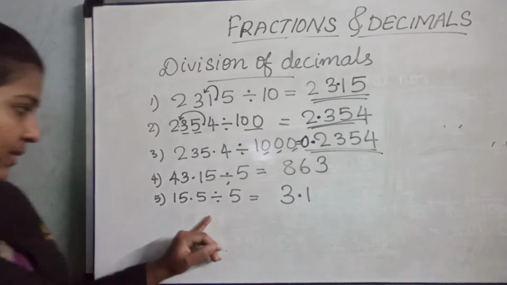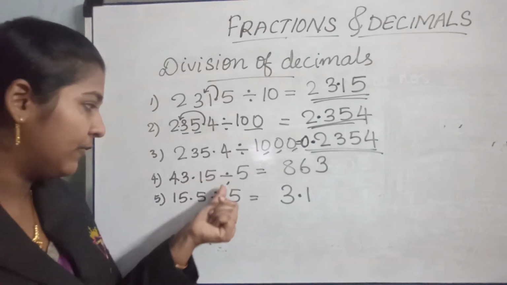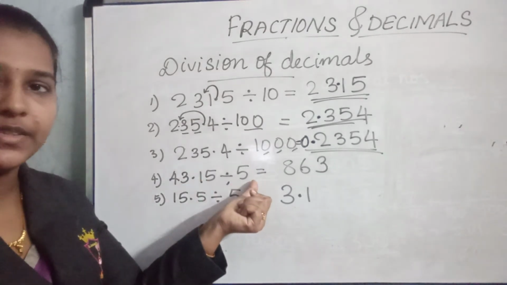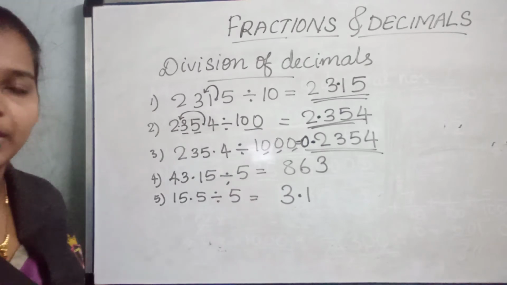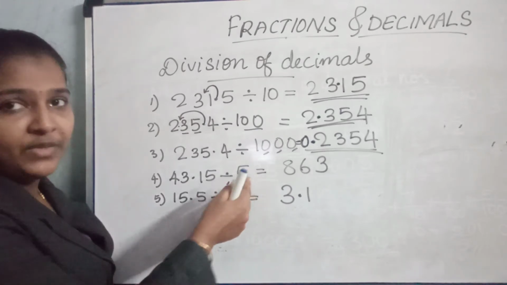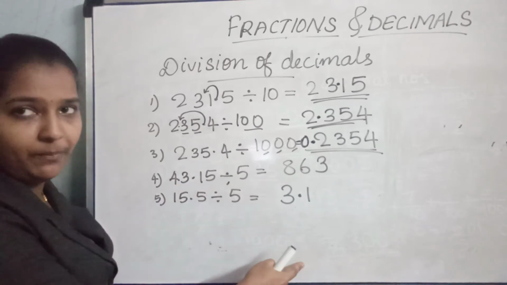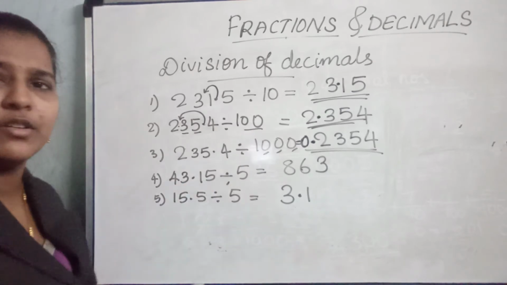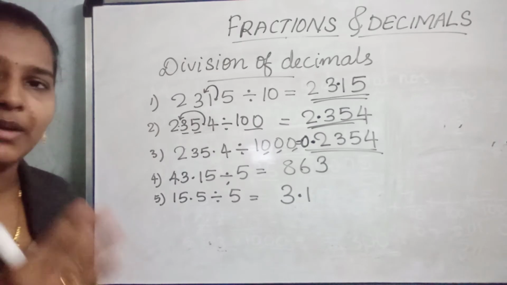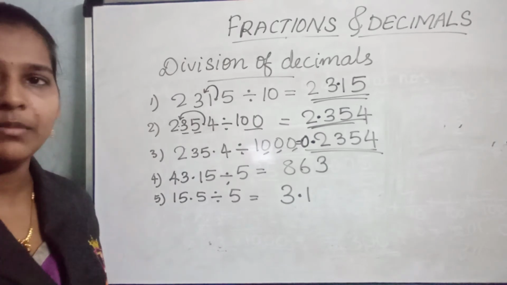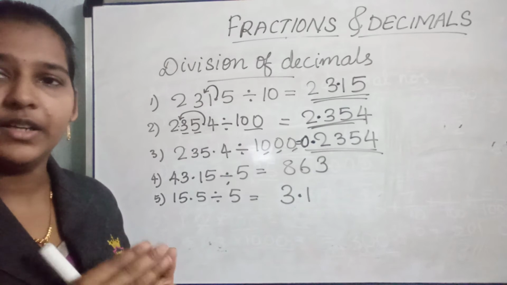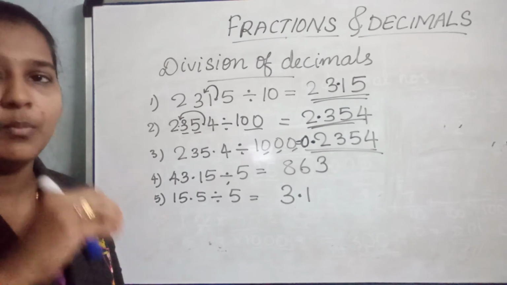Now come to the next question, 43.15 divided by 5. Here it is not 10, not 100 and not 1000. It's a whole number. So you can divide 4315 by 5. In multiplication also, we did the multiplication as ordinary multiplication, isn't it? We didn't consider the point.